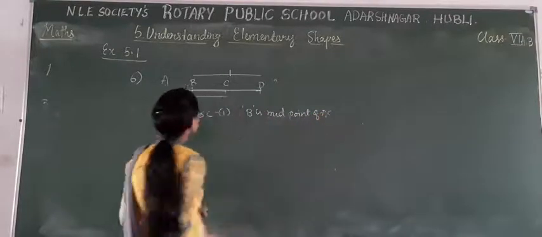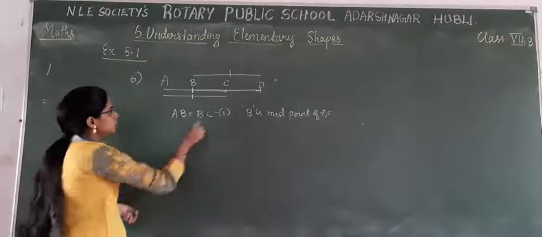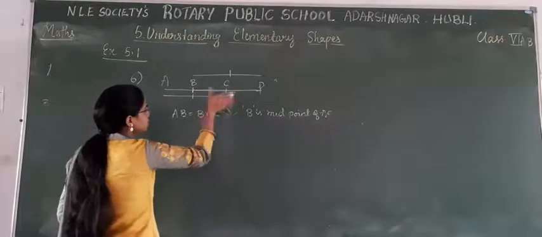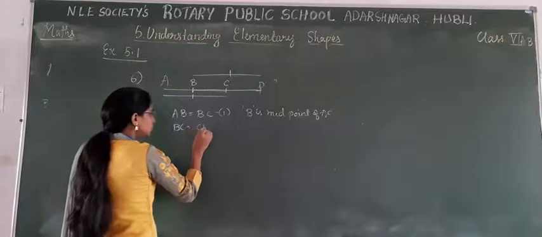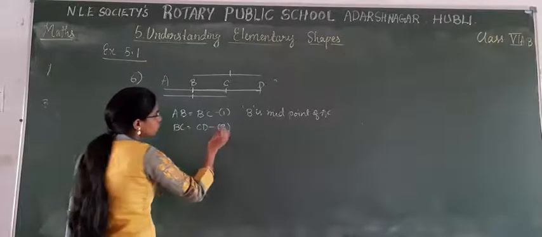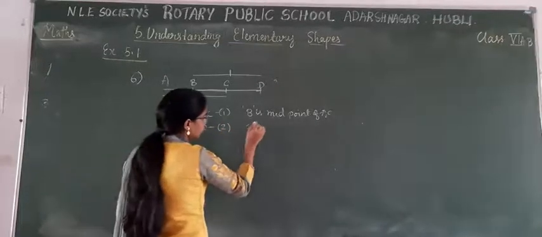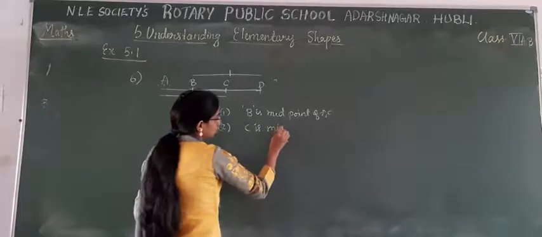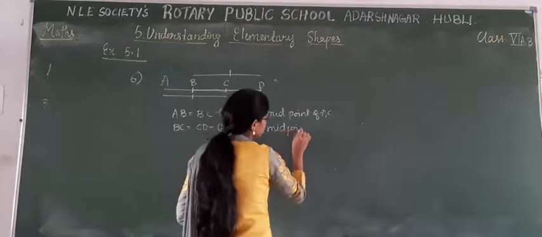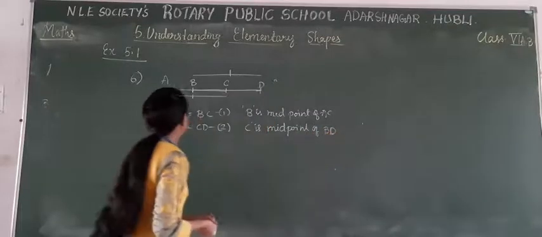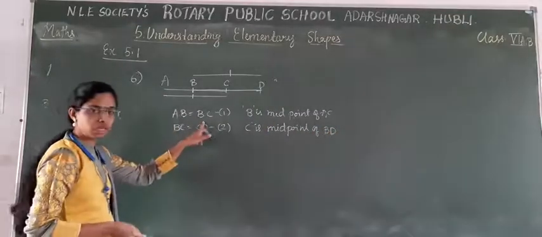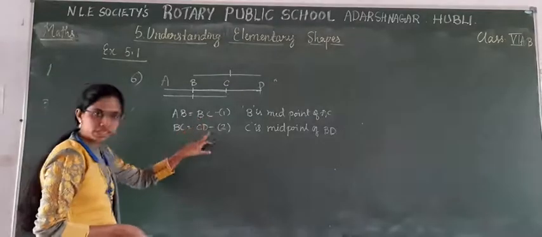Next, C is a midpoint, so both the sides have equal length. BC is equal to CD, equation 2, since C is the midpoint of BD. AB equal to BC and BC equal to CD.